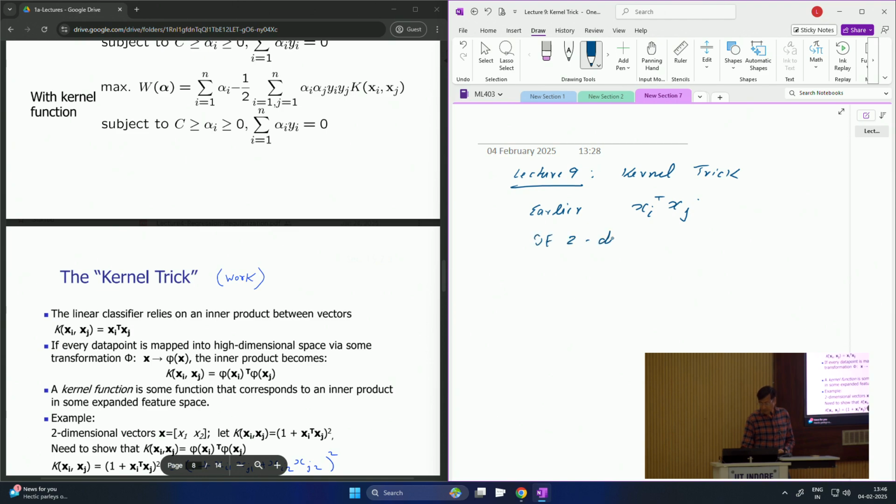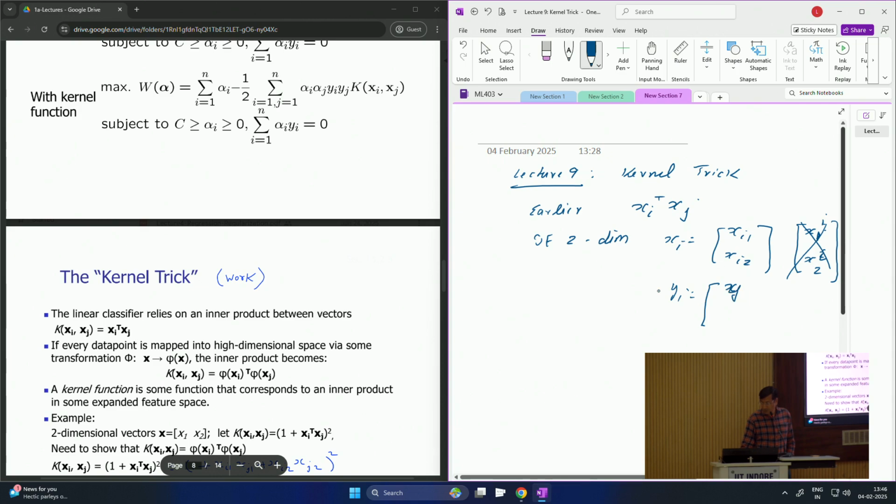Two dimensions means that xi is xi1 and xi2. You can write it different ways, right? In the regression case, we had written this like this. The superscript was going for the point and subscript was going for the dimension. This is how we had written in the regression case, but here we are just putting the dimension along with the data point itself.